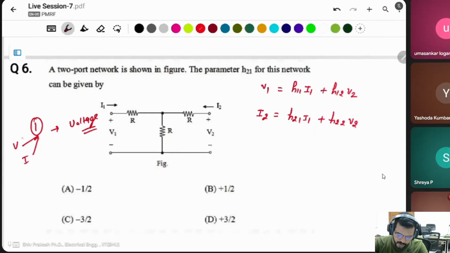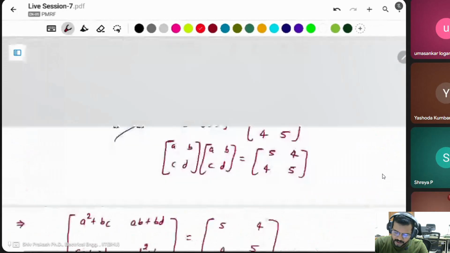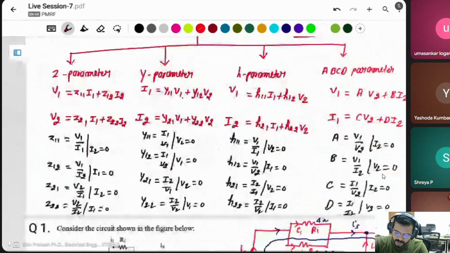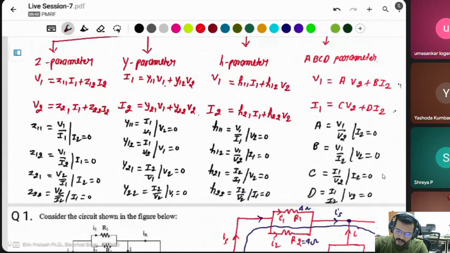If the same port is there, then the first priority is the voltage. Wait, I can explain from this one. Like here in the Z parameter, if both are current and there is no voltage, then priority is the first one, I1 and I2. You have to write I1 first, then I2.